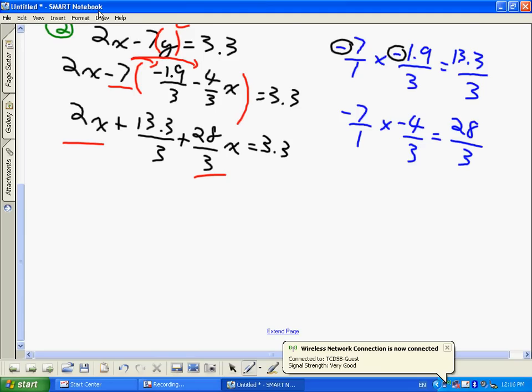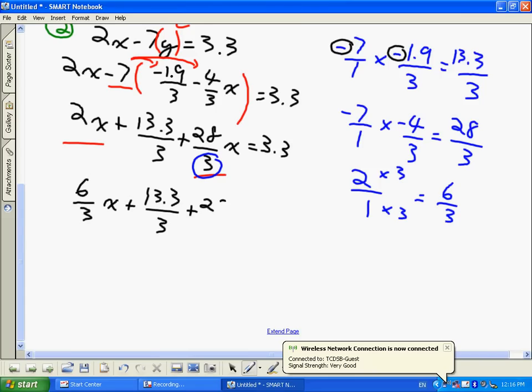I'll do it on the side in blue. 2 over, now I need to make it a 3 as our common denominator because it's a 3 with 28 over 3. So that means I'm going to have to multiply 2 over 1, the top and the bottom, by 3, 6 over 3. So now, our equation is going to read a little different. It's going to say 6 over 3x plus 13.3 over 3 plus 28 over 3x equals 3.3.